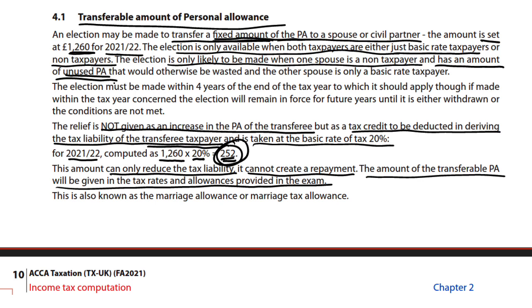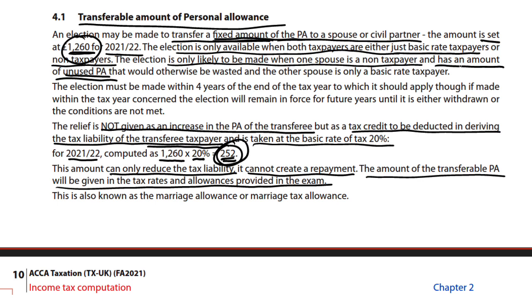Now then, they won't be able to get back the benefit of all of that unused amount, but some of it, this transferable amount of the personal allowance, some £1,260, will be transferable to the transferee spouse. So the transferor tends to be a non-taxpayer, whereas the transferee is a basic rate taxpayer.